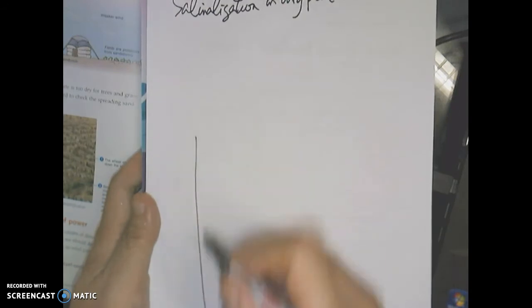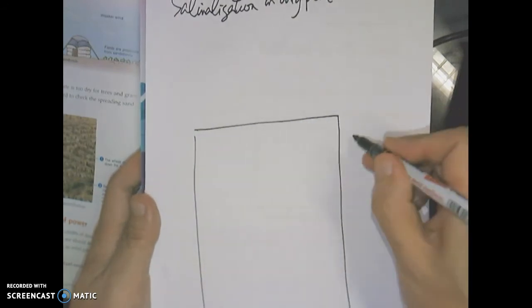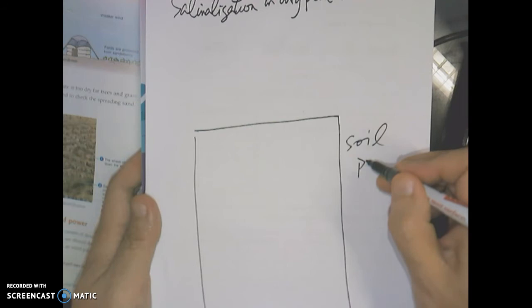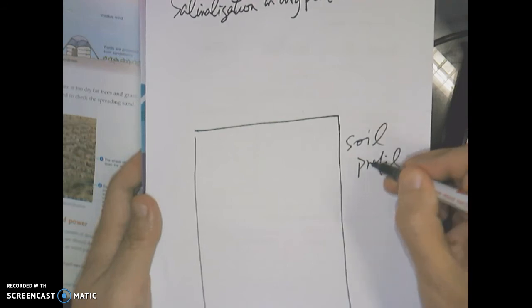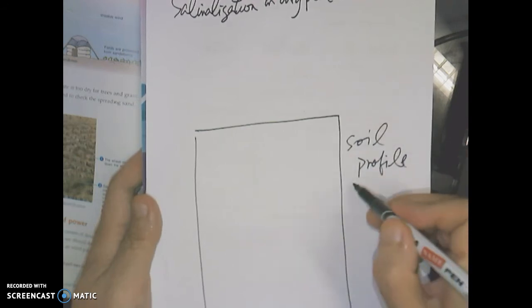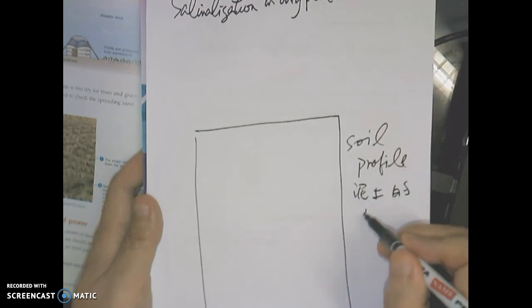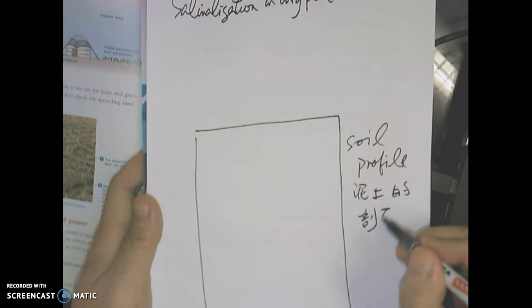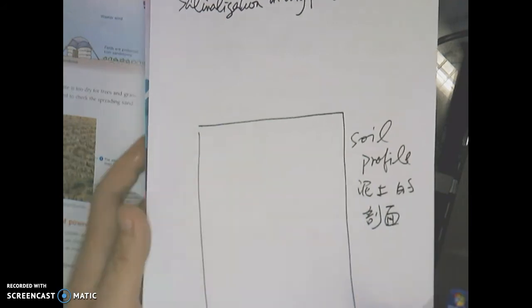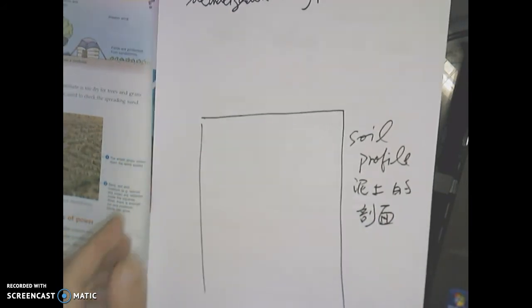Now, this is a soil profile. Soil profile means the 泥土嘅剖面.